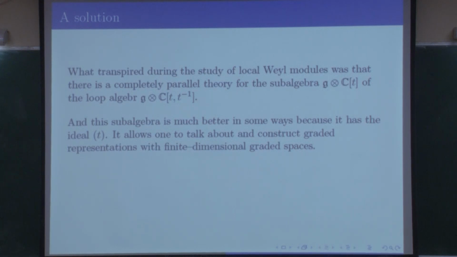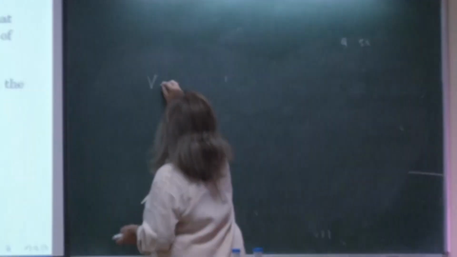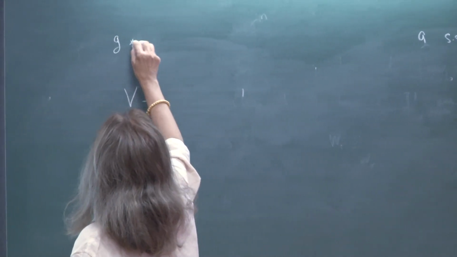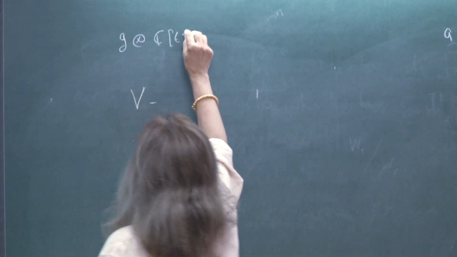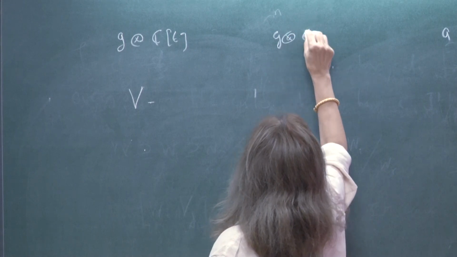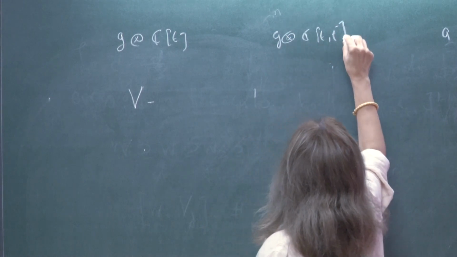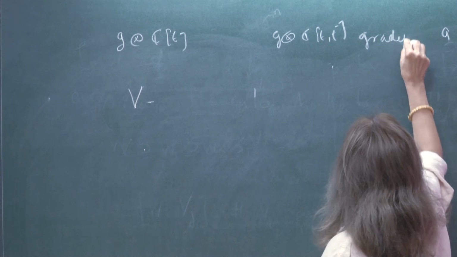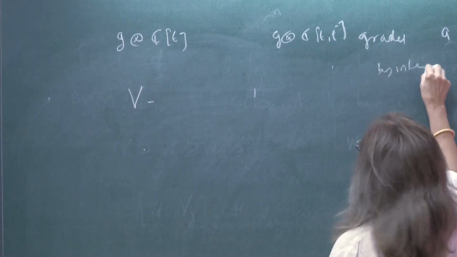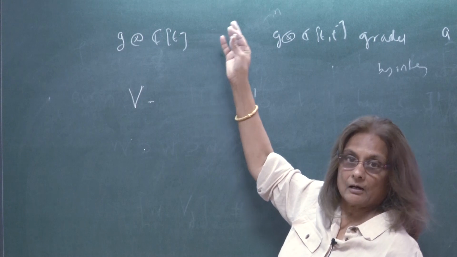Okay. So this extra ideal that you have is really useful, because it allows you to construct graded representations of my algebra. So what is a graded representation? My Lie algebra, G tensor C[t], and also G tensor C[t, t inverse], are both graded by the integers. You can write them as a direct sum of vector spaces with rth graded piece.